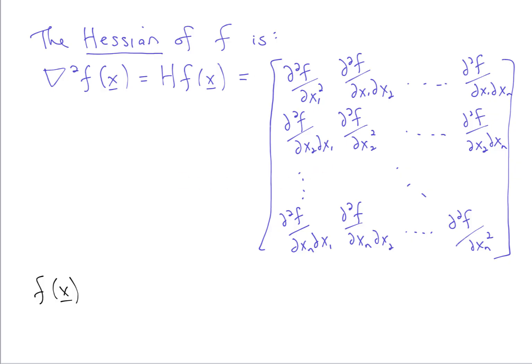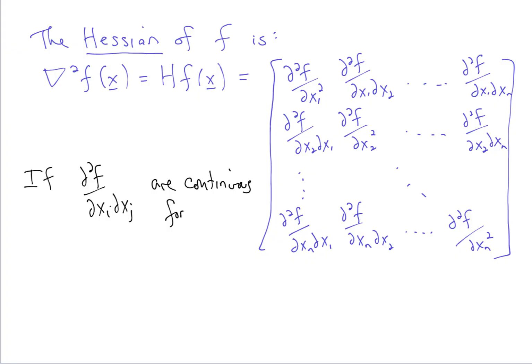Also note that if these second order partials are continuous functions for i and j ranging from 1 to n, then this Hessian matrix is symmetric.